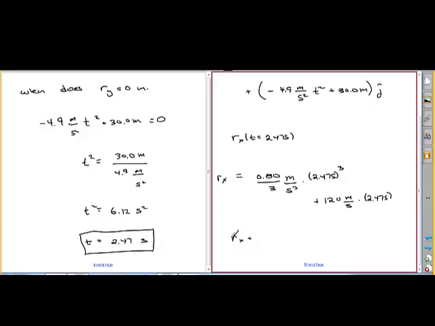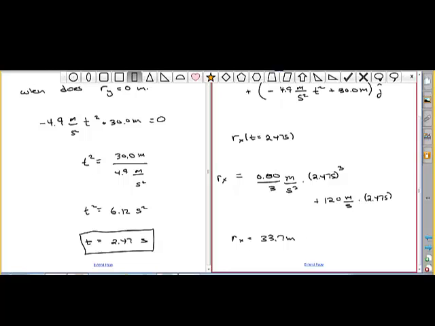And notice the units work out to be meters. 0.8 divided by 3 times 2.47 cubed plus 12 times 2.47, and I get 33.7 meters, which is the answer. Awesome.